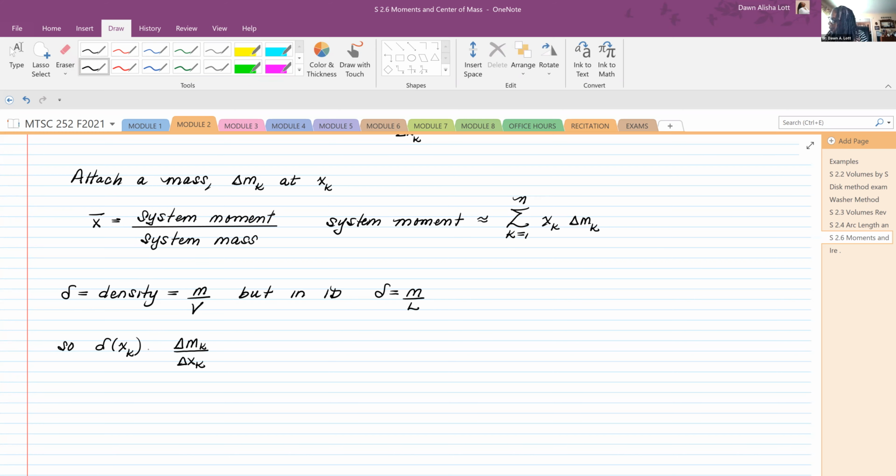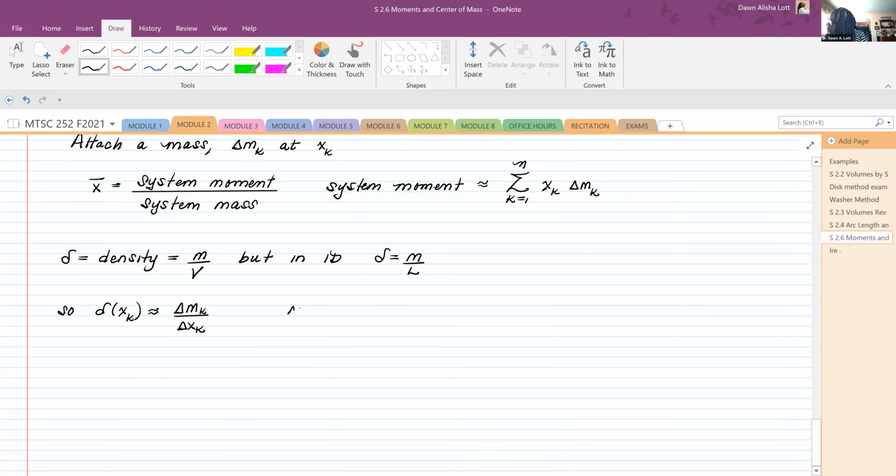So now I have a formula for what my mass is. My little mass, delta mk, is approximately the density at xk, delta of xk, times the change in xk. So that's what my little change is. Okay, so let's put it back into our formula.